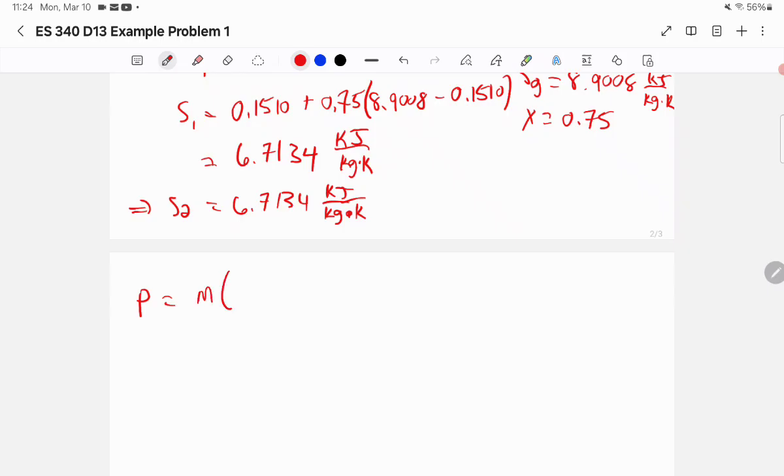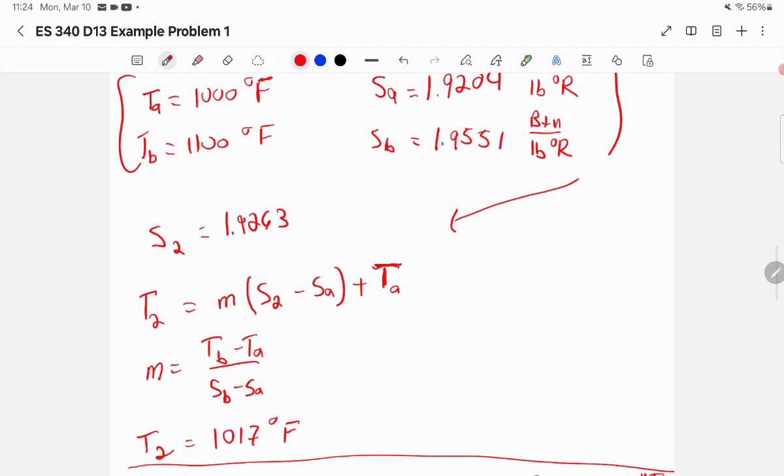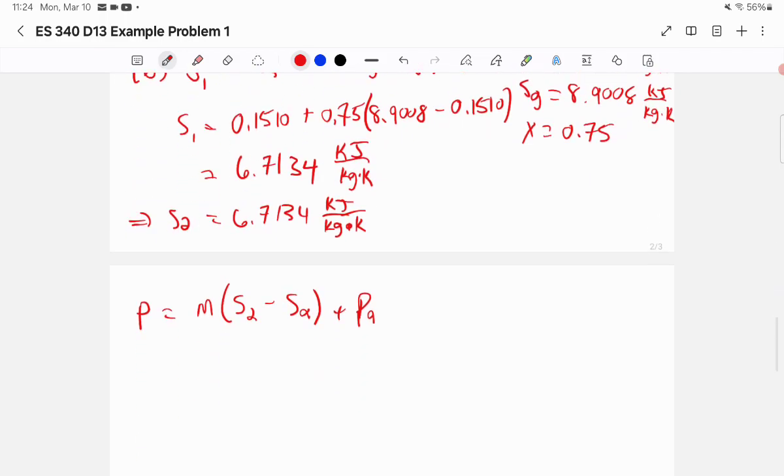Basically, just like before, I'll write the equation in terms now of pressure. This is very similar to the temperature one. I know that M is going to be equal to PB minus PA divided by SB minus SA.